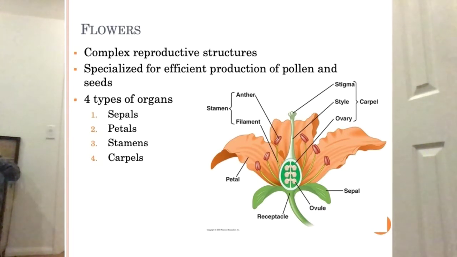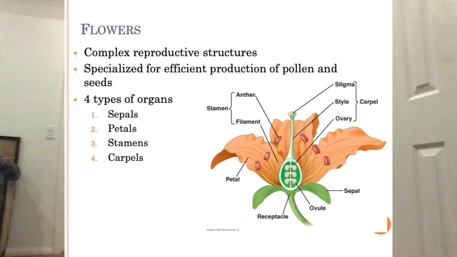Okay, but for now, what I want you to know is that they are the sexually reproducing structure for the plant. And you can see that most flowers, but it could be different on different plants, have both the male and the female parts.